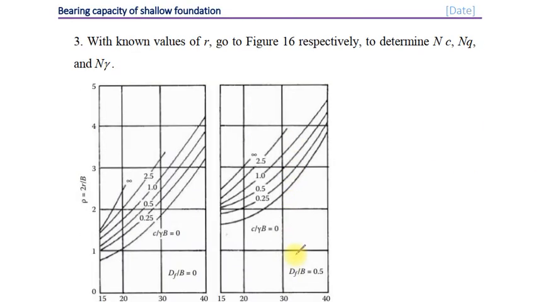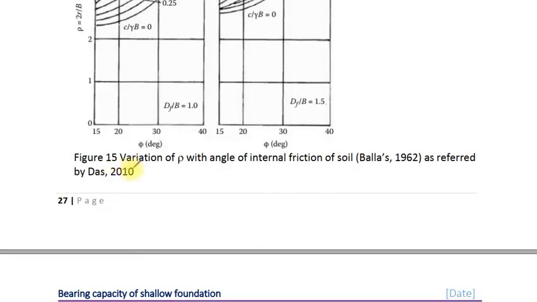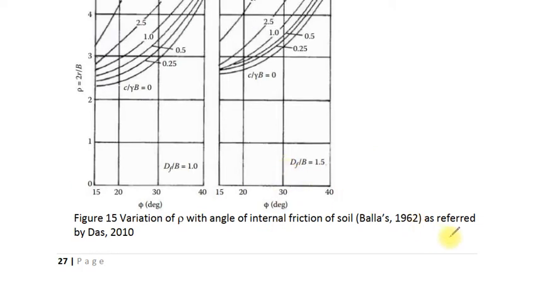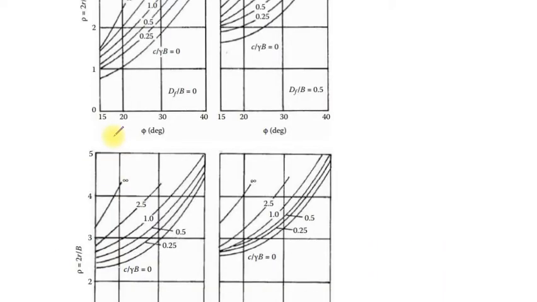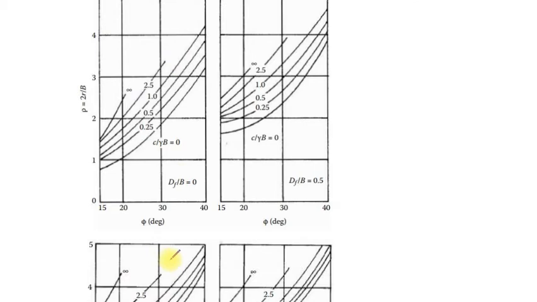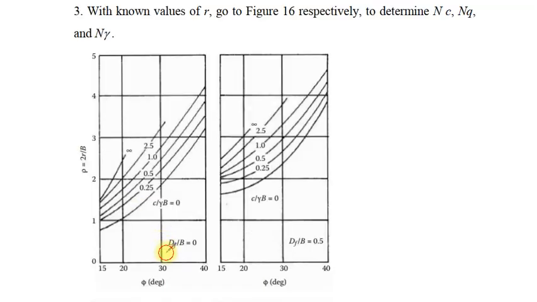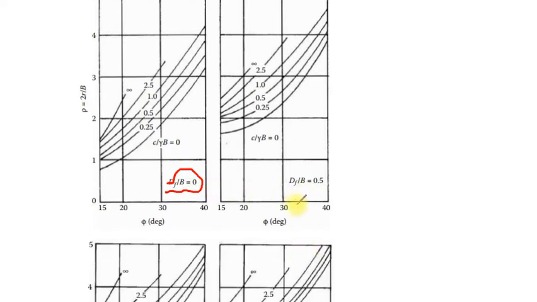This figure 15 shows the variation of rho with angle of internal friction, as referred to by Das in 2010. Here, there are four graphs. The first is for Df over B equal to 0, when the foundation is placed on the ground surface, and Df over B equal to 0.5.